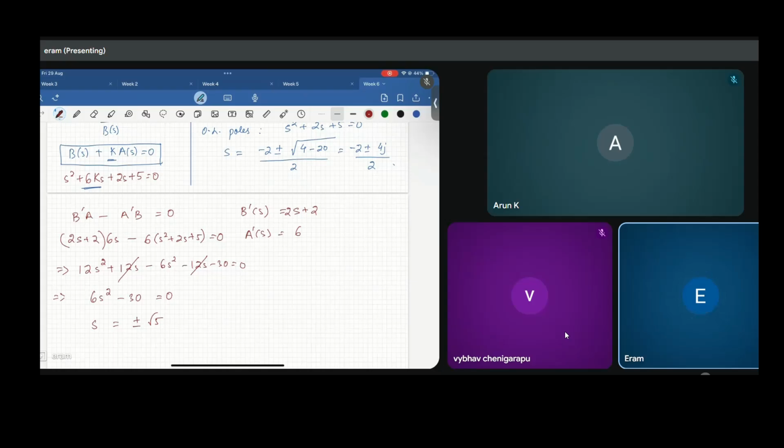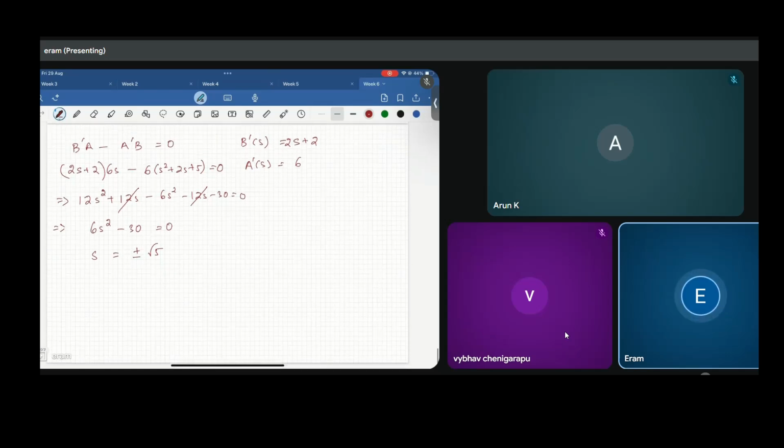We need a valid s which should lie on the root locus, and the point will lie on the root locus if it satisfies the condition 1 plus GH equals 0, like we have seen in the earlier question. This simplifies to finding K, which is minus B by A, such that K is greater than 0.